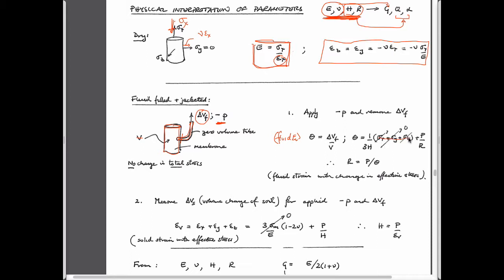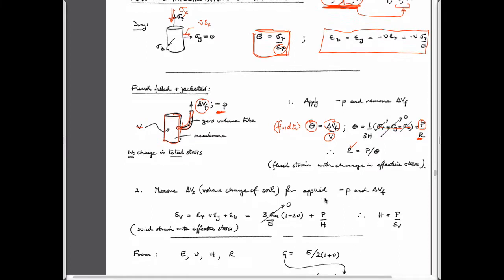All of them are 0. And so if we measure this change in volume, and we know the volume of the sample, then we have this term here. And if we measure the pressure we have to apply to do this, then we know what this coefficient R is. So we can calculate R as a function of just that simple experiment.